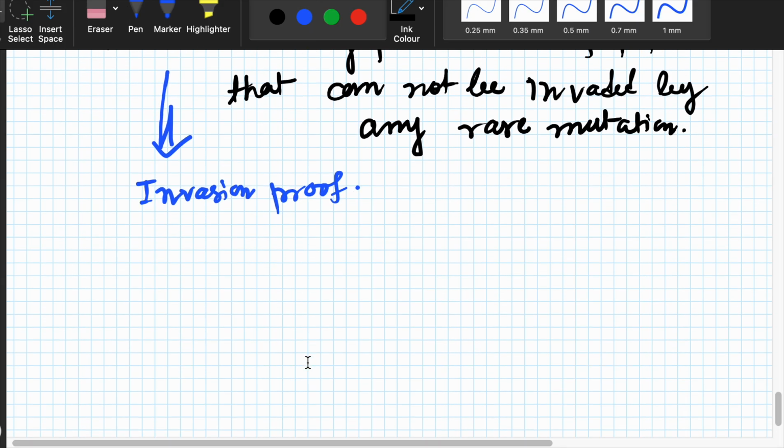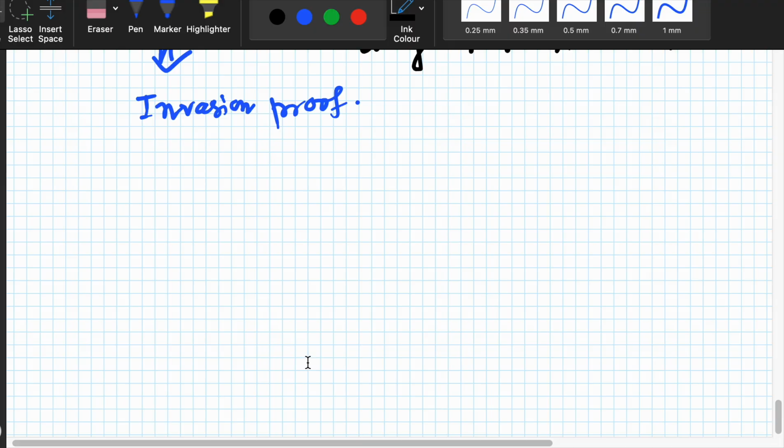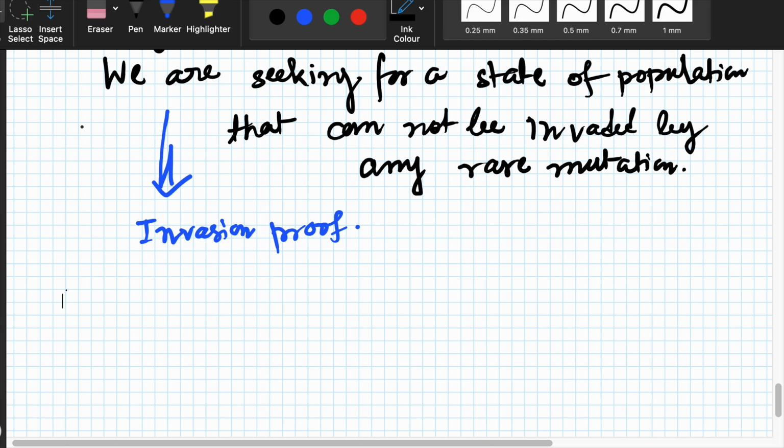Now this concept was introduced by John Maynard Smith, and the state is called, or the strategy, here I am saying the state, and state means evolutionary state. You can say also the evolutionary state, but I will talk about the strategies.